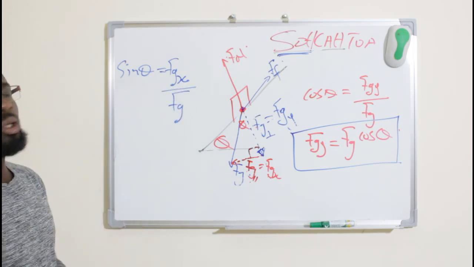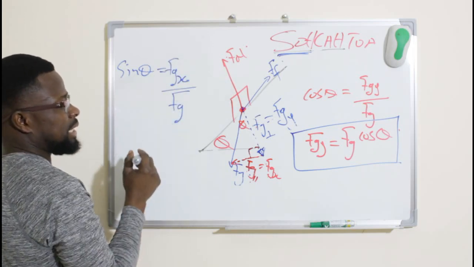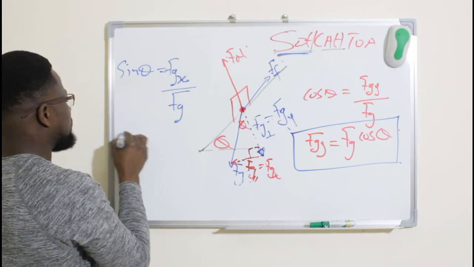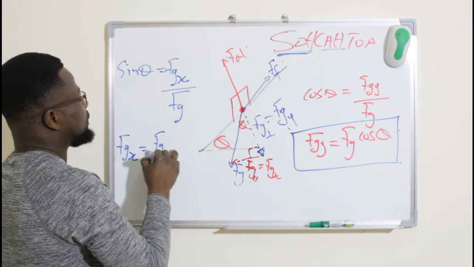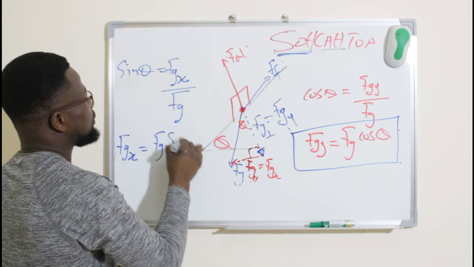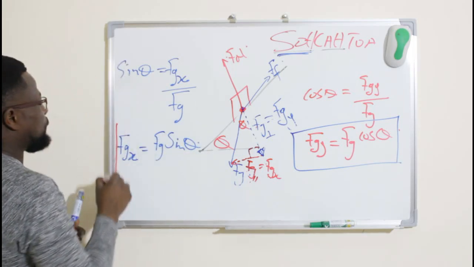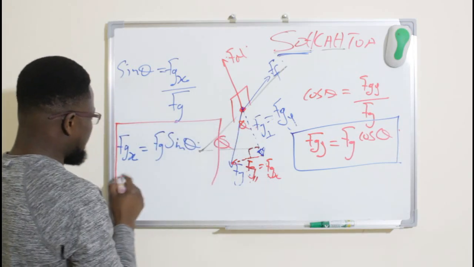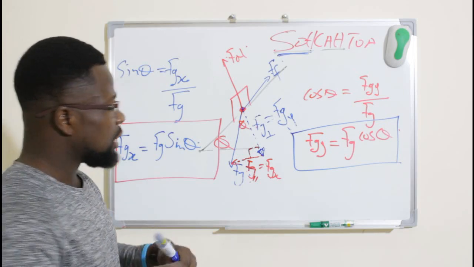Now I want to make FGX the subject of the formula, and that becomes FGX is now equal to FG sine theta, and this is also the formula for finding the parallel component of the weight.